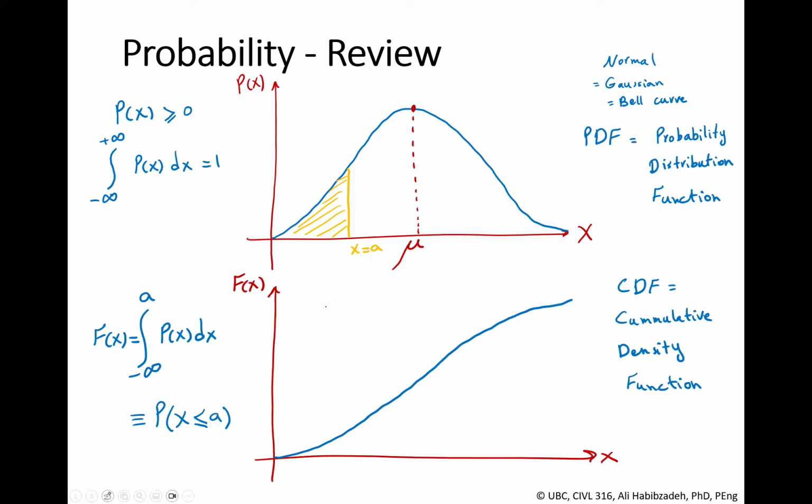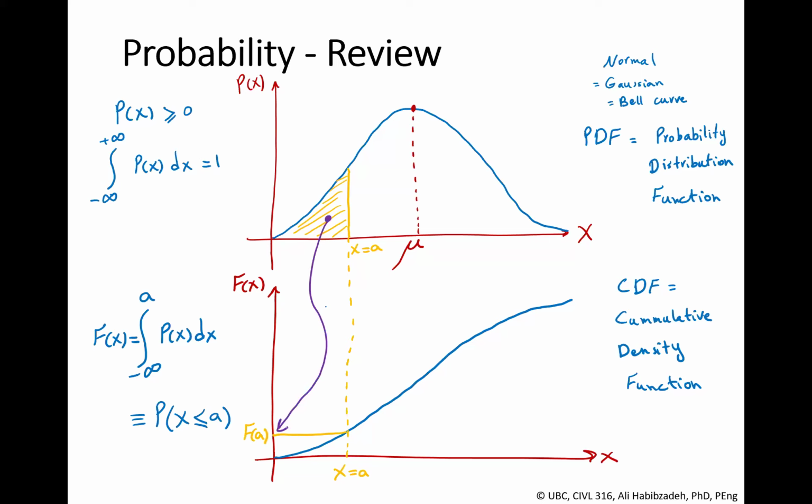So in the example we have, if we continue this line down here, this will be x equals a, and the number we get will be F of a. So that area up there is F of a, right? So we're integrating p, really, that's what it is.